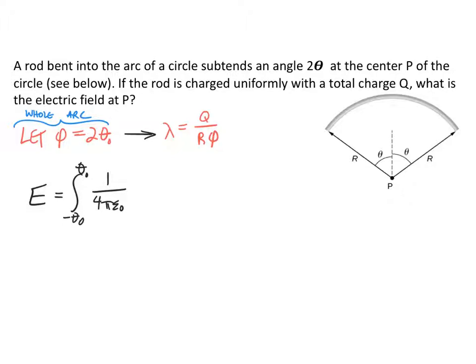I know that 4 is going to get diminished because there's another factor of 2 lurking around. And the electric field is going to be charge, but just like before, we are converting that to linear.